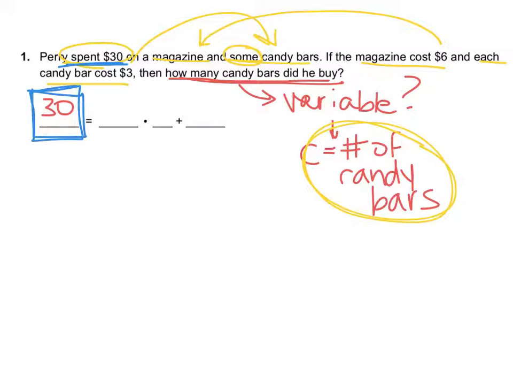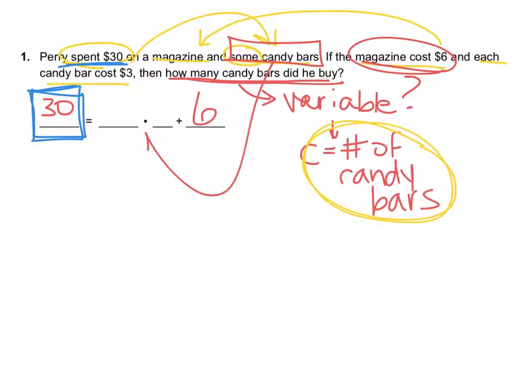Now I need to think about how Perry spent that $30. First, we know that he bought a magazine for $6, and that's going to be by itself because he only bought one magazine. Now we have to get to the candy bars, and that's where the two-step part of our equation comes in. Each candy bar costs $3.